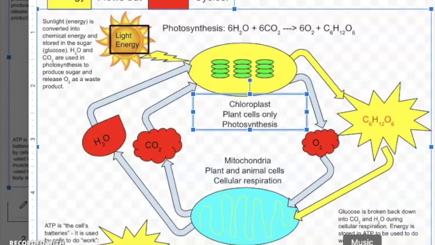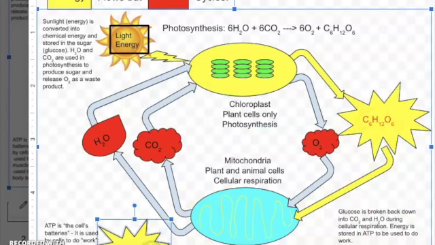So how is it that we get chemical energy? Or how is it that we get energy? We have to consume glucose molecules. Our bodies break them down. And when they break the glucose, the energy that was stored within those bonds is used to create ATP.